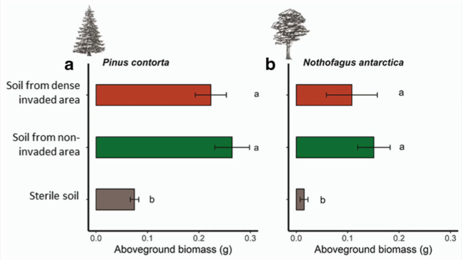We planted sterile seeds of pine trees, Pinus contorta, and Nothofagus antarctica in all the possible combinations. We also used sterile soil as a control to compare the growth and the percent colonization of the roots.